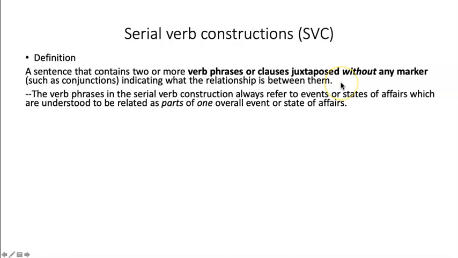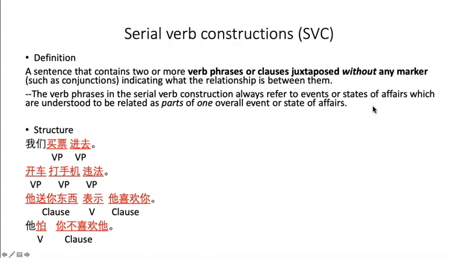So a direct putting together of 2 verb phrases or clauses, forming a new sentence, and that sentence is a serial verb construction. The verb phrases in the serial verb construction always refer to events or states of affairs, which are understood to be related as parts of one overall event or state of affairs.